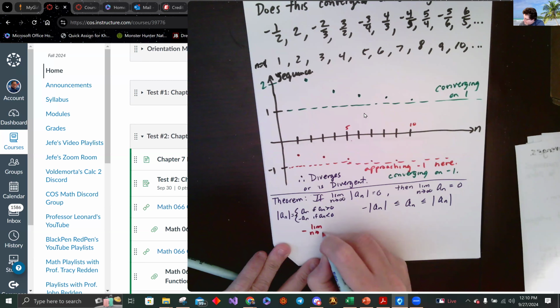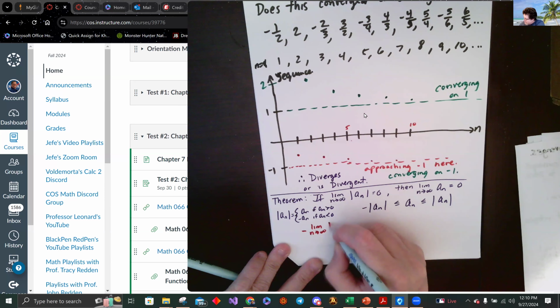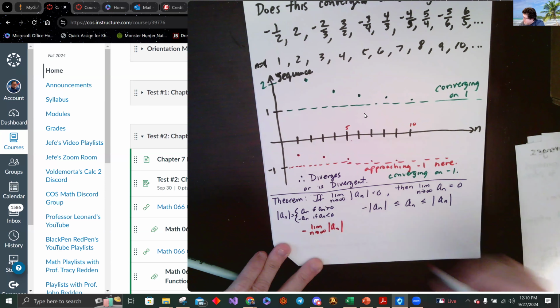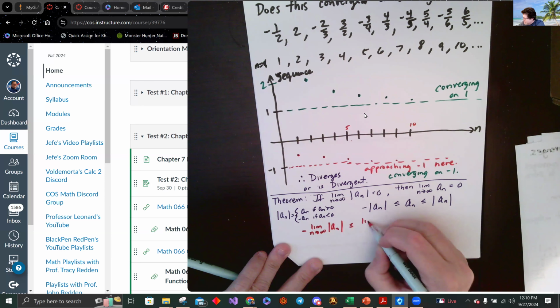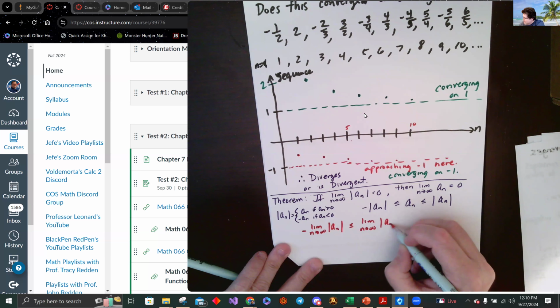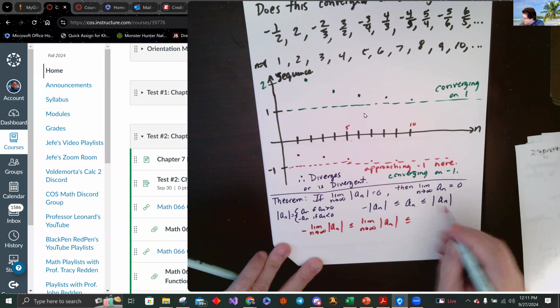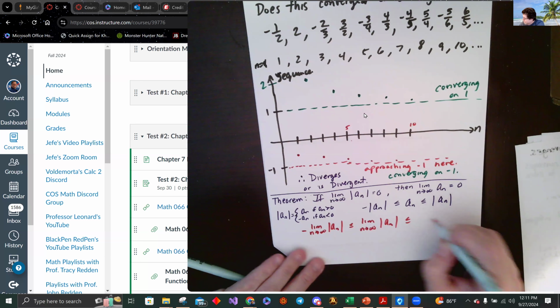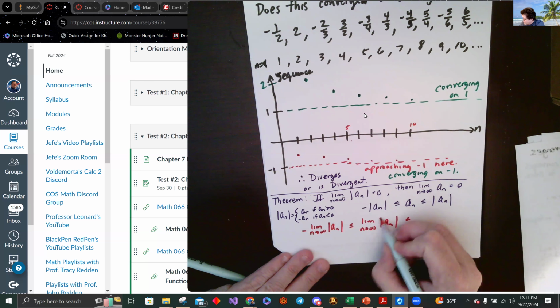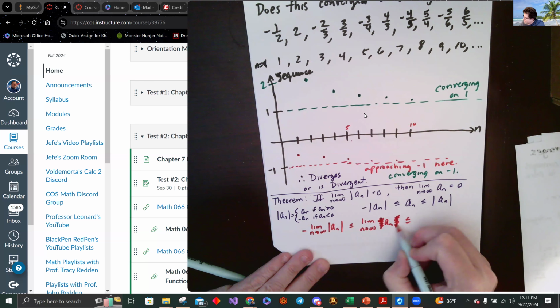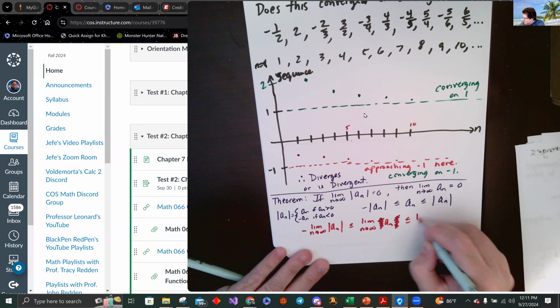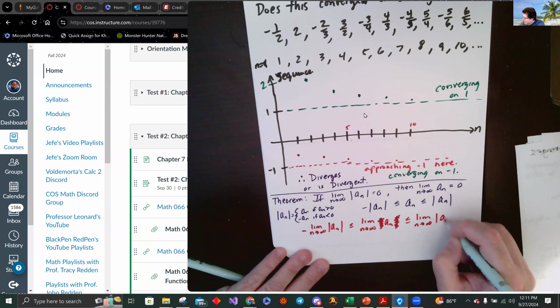Negative limit as n goes to infinity of a sub n is less than or equal to the limit as n goes to infinity of a sub n, which is less than or equal to, nope, not absolute value in the middle, just that, which is less than or equal to the limit as n goes to infinity of absolute value of a sub n.